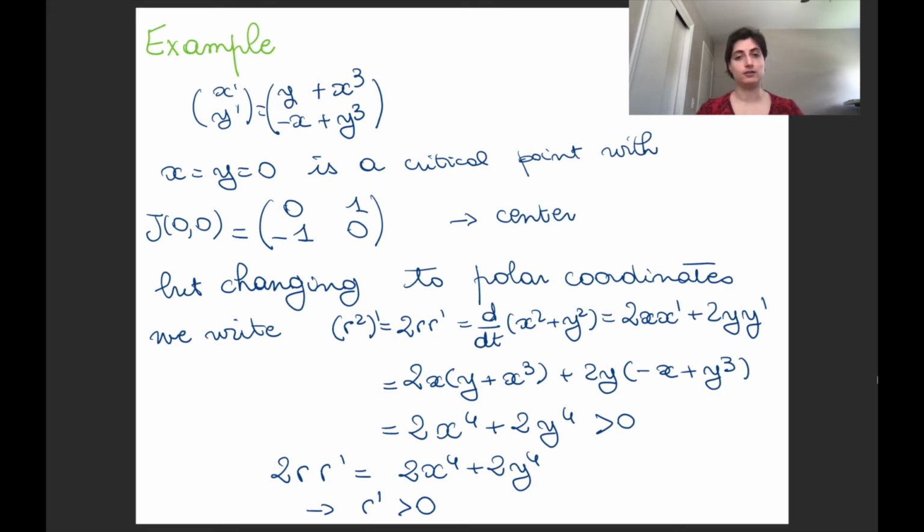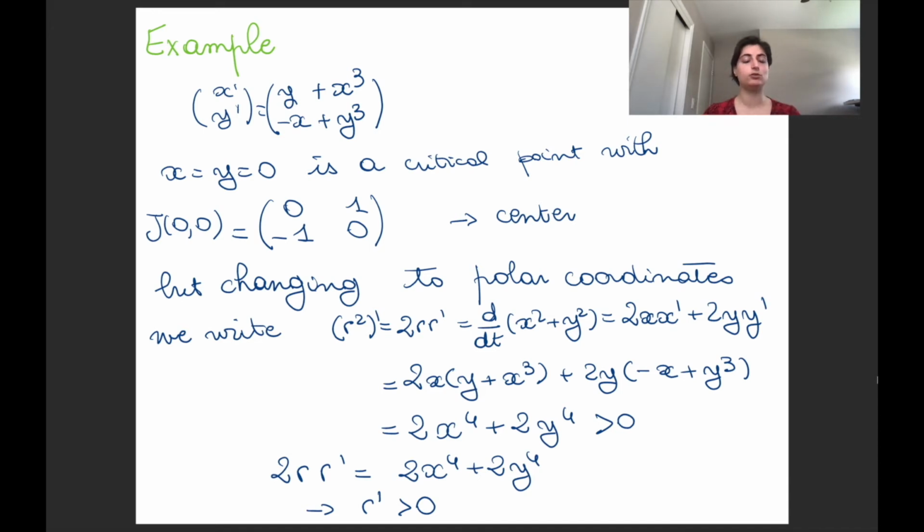We can make another system, another example. We look at x prime, y prime equals y plus x to the third, and minus x plus y to the third. If we solve for this, x equal to y equal to 0 is a critical point.